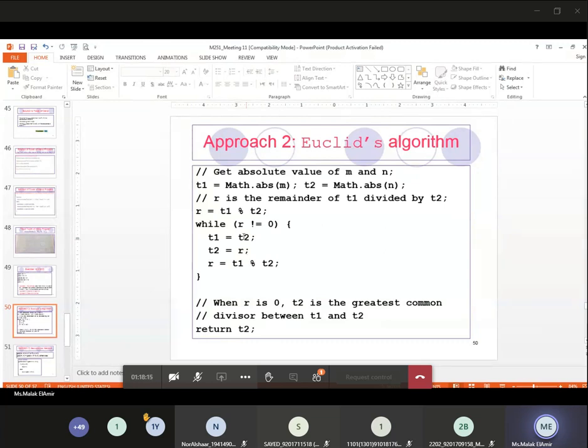And finally, I'm going to return T2, which will be the greatest common divisor. This is the Euclid algorithm. Inshallah, لما تاخدوا M269, inshallah, you are going to take the Euclid algorithm again there. تمام?